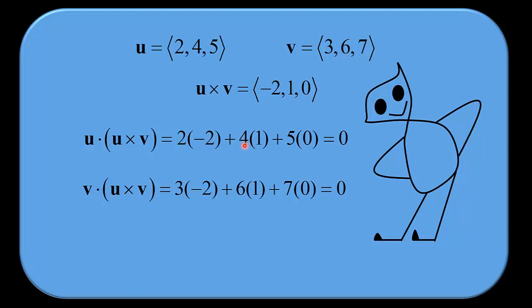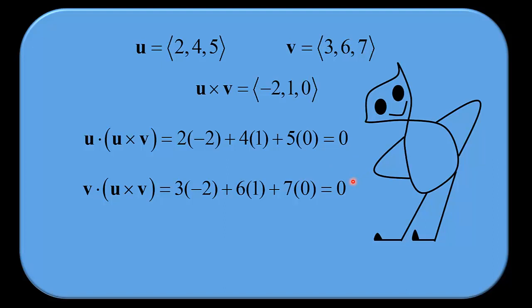Okay? Now let's look at v dot u cross v. In other words, let's dot product the v and the cross product. So see, we go 3 times negative 2 plus 6 times 1 plus 7 times 0. And notice this also gives us 0.